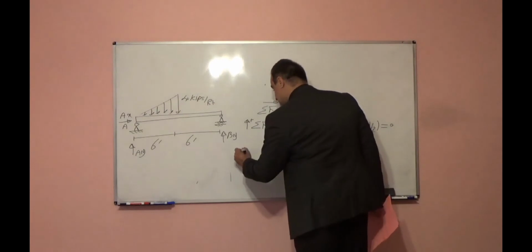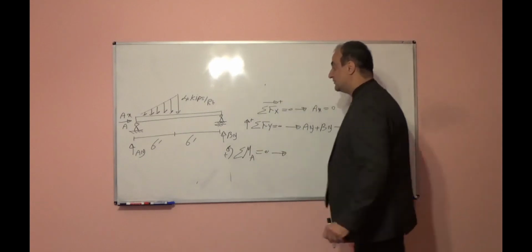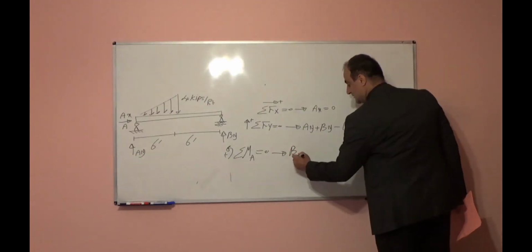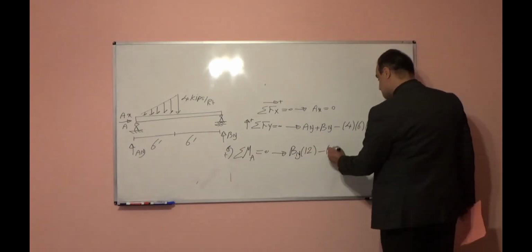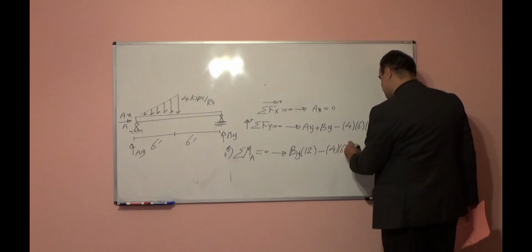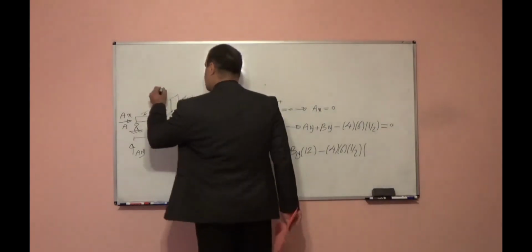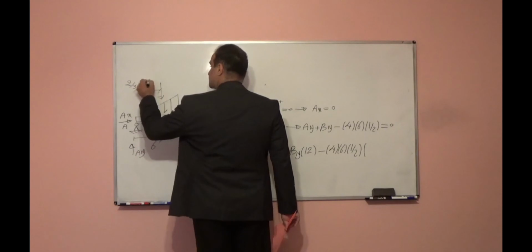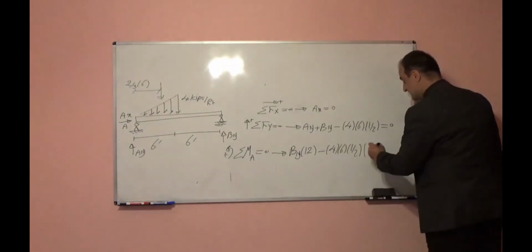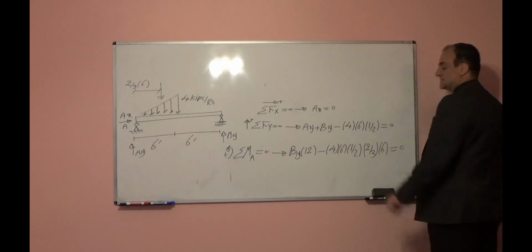Then you can write summation of moment with respect to point A equal to 0. So it will be BY times 12 minus the resultant force, 4 times 6 times half, times the distance of the resultant force up to point A. It will be 2 over 3 times 6 is equal to 0.